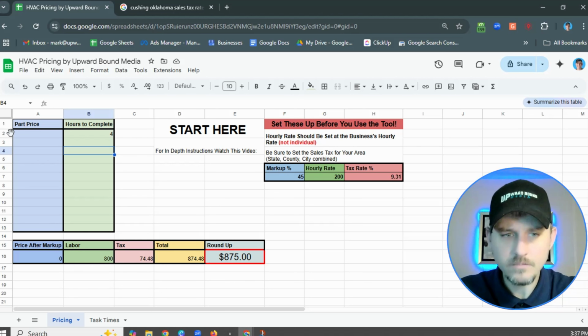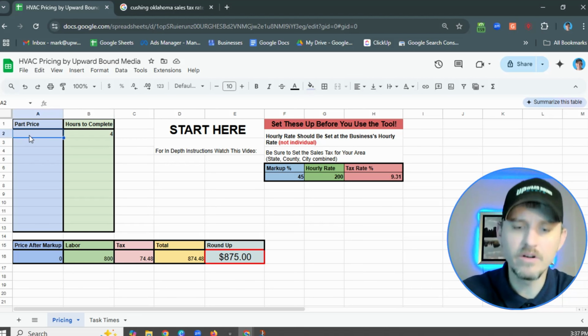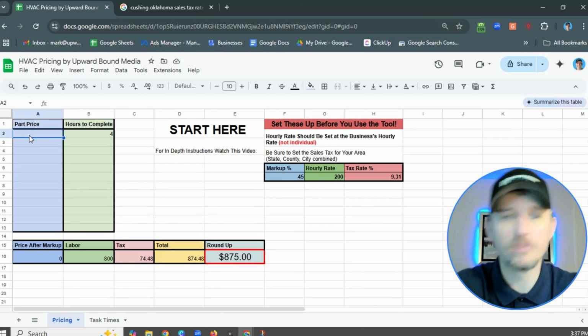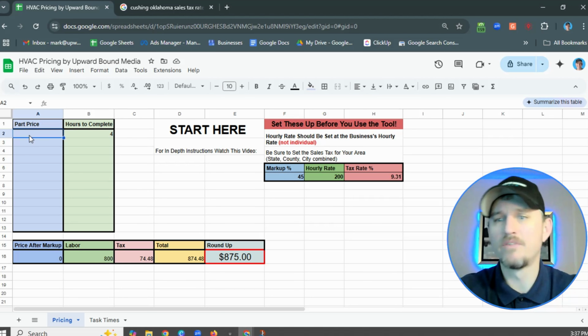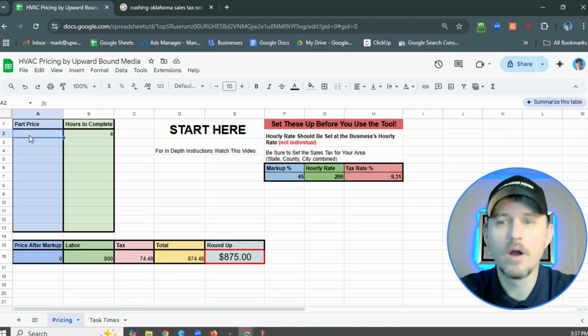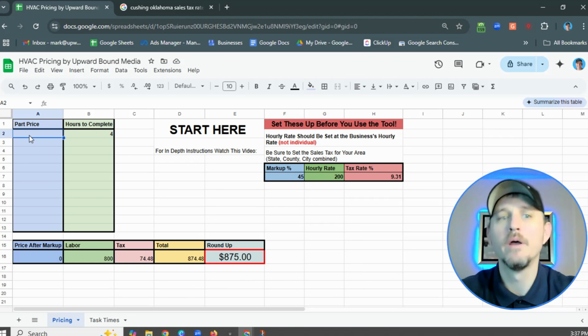Say I'm going to change the expansion valve, so we've got it set up for 4 hours. The warranty guide might tell you 2 or 3 hours, but I always allocate 4 hours personally because I'd rather my guys take their time.